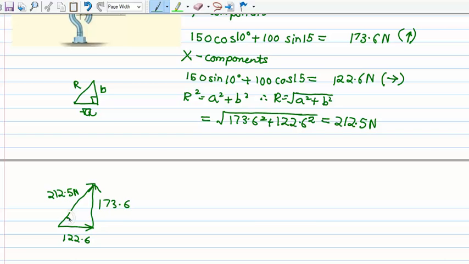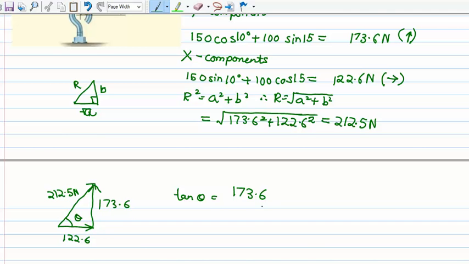So to find the angle theta, which is basically this angle right here, what we need to do is know the trigonometric identity tangent of theta. Tangent of theta is basically the opposite side over the adjacent side.